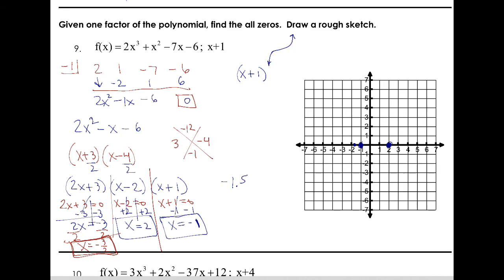So let's make these points a little bit smaller so it's easier to graph. I'll change the color. So again, a point at 2 in red, a point at negative 1, and a point at negative 1.5.